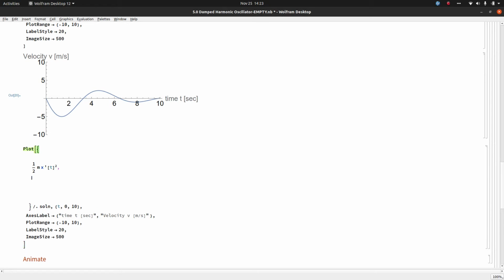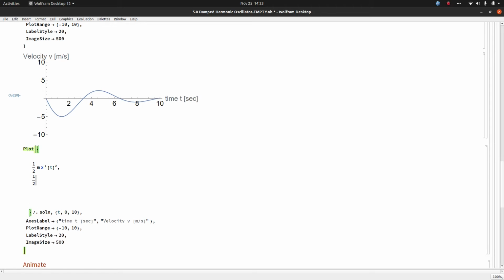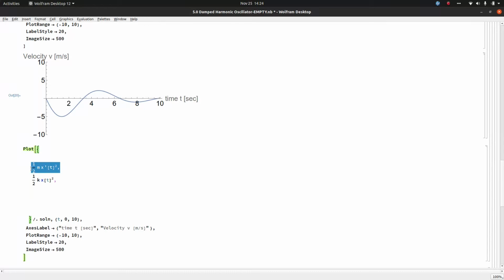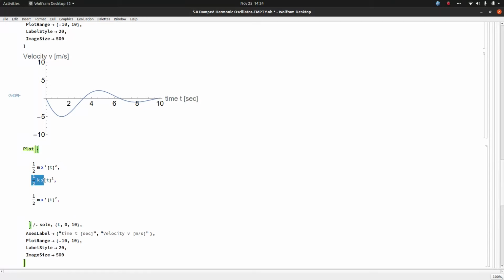We can plot the spring potential energy, which will be 1/2 k times x of t squared. And we can do the total energy, which is 1/2 mv squared, the kinetic energy, plus the potential energy, 1/2 kx squared.